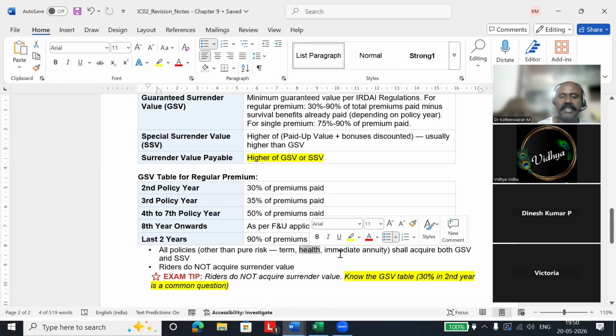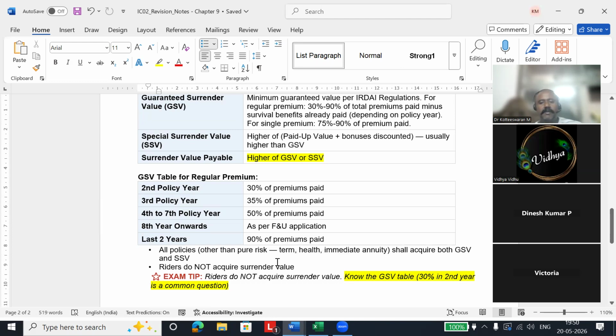And all policies have both GSV, guaranteed surrender value, and special surrender value, except term insurance, health insurance, and immediate annuity insurance. These are the types of policy which do not have surrender value. Term insurance, I already told you, covers pure death, no bonus. So whether it lapses or you surrender, they won't return anything. Health insurance is usually 1 year insurance, so no surrender.